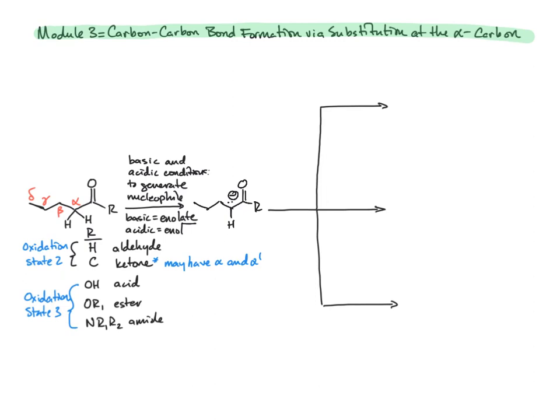The enolate, again, is the nucleophile. That's the reactivity. It is supplying the electrons to form the bond. And again, over the course of this module, we're going to look at different named reactions to form carbon-carbon bonds. And the named reactions are based on the electrophile that's employed.